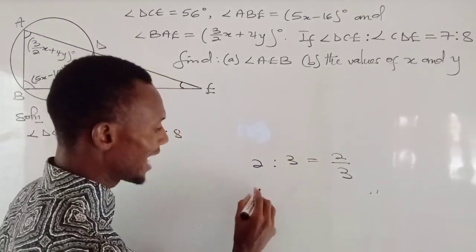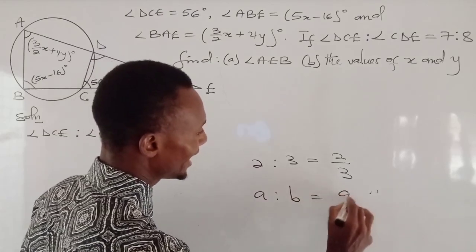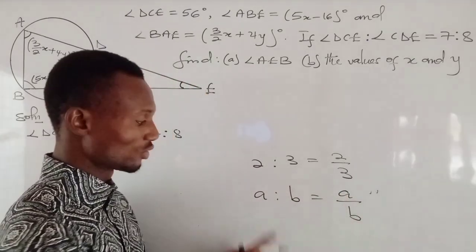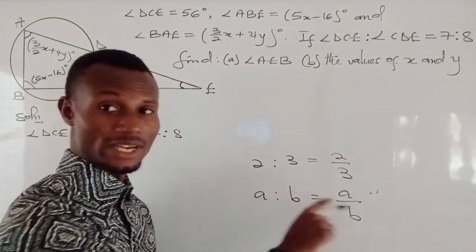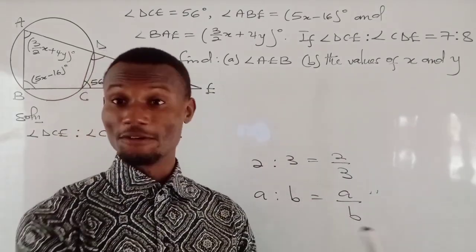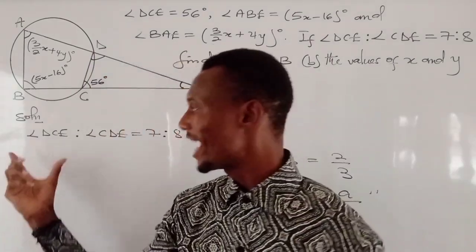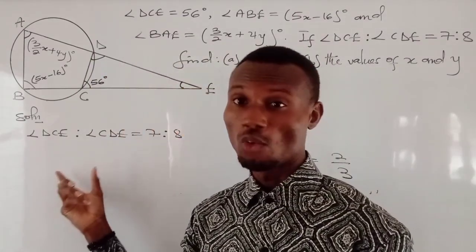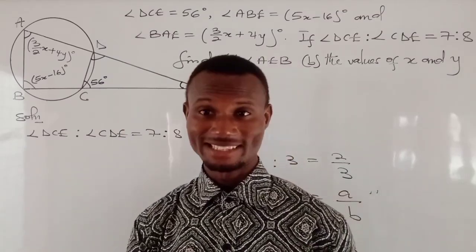So if I have A:B, it can be written as A/B. So ratios can be expressed as fractions. We are going to apply that knowledge to write the ratios in this equation as fraction. That's the next step. I hope you understand up to this point.